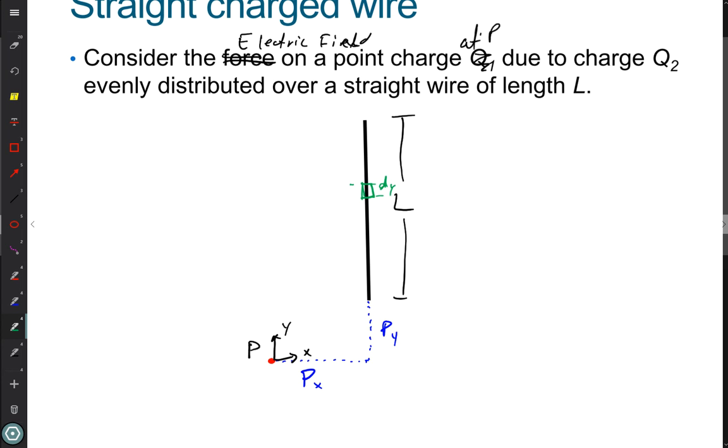And then we need to find what direction the force or the electric field at point P will be due to that charge. Assume that Q2 is a positive charge. So what direction is dE? And once again, you'll see on your problem, it tells you you have to identify this. And I'm actually going to use, no, I'm not. That would be too confusing.